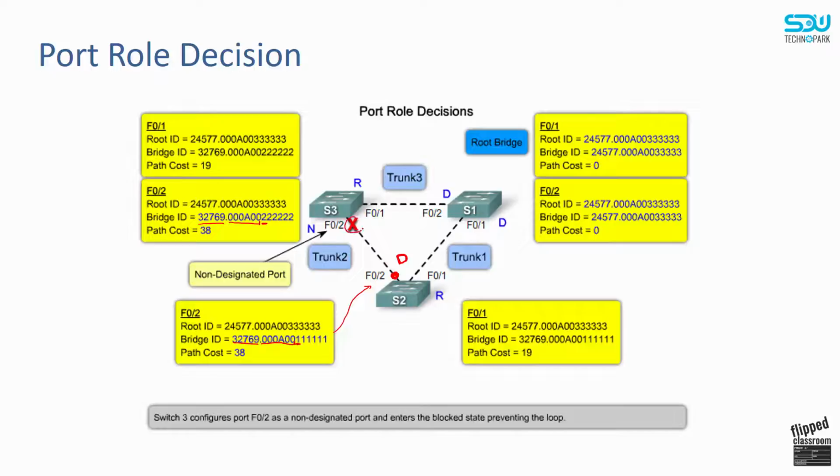But this port is blocked. It is blocked and it will not be able to forward data. And this is how STP defines the root bridge, and it defines the priorities of the ports.